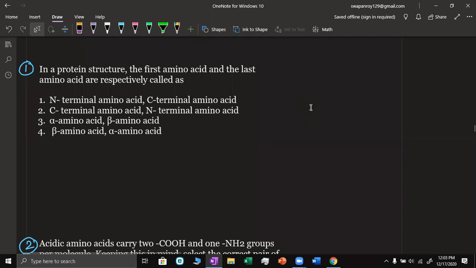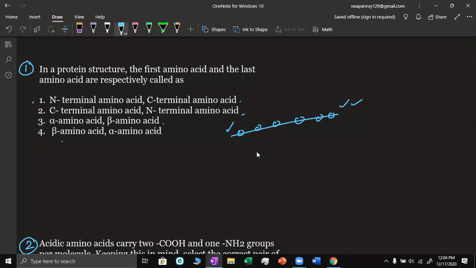In the protein chain that is made of amino acids, if there are so many amino acids in the chain, what is the name of the first one and what is the name of the last one? Options are N-terminal amino acid and C-terminal amino acid, or C-terminal amino acid and N-terminal amino acid, alpha amino acid, beta amino acid. Which one?